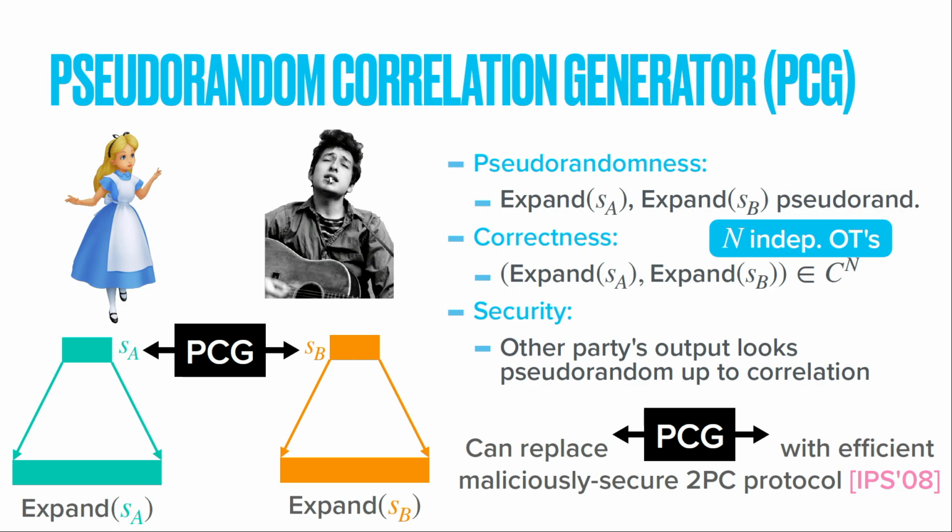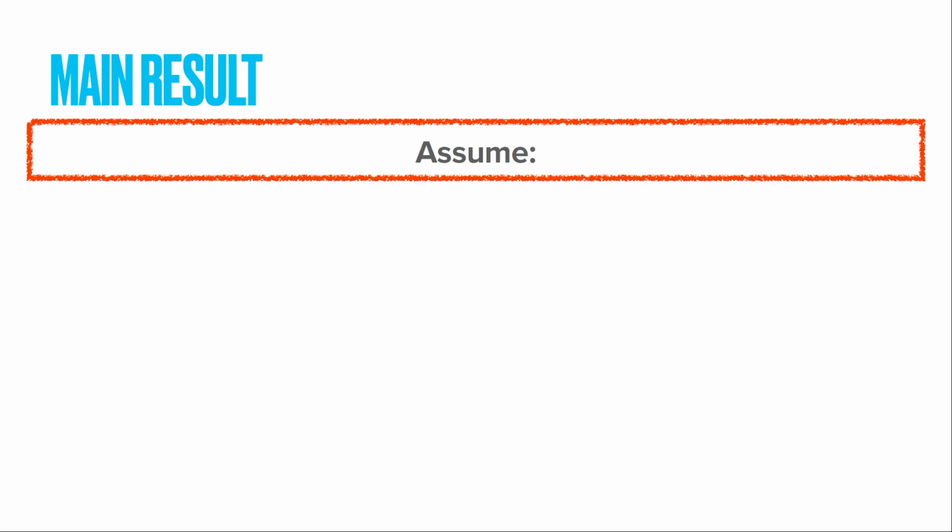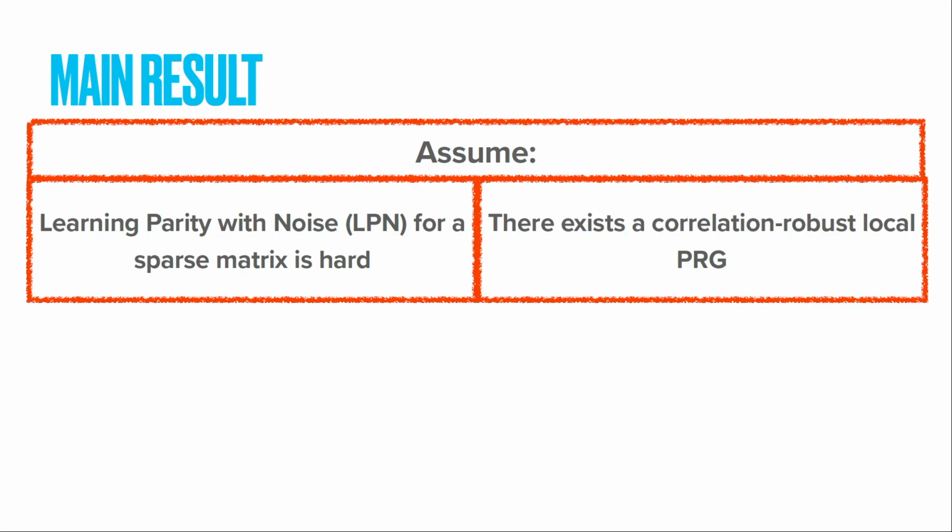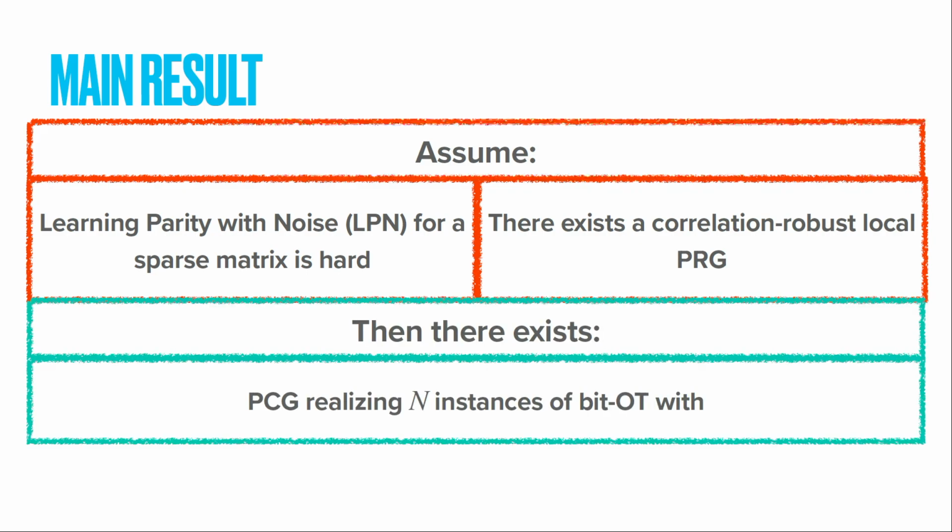So in fact, it's fair to say that our main result is a construction of a pseudorandom correlation generator. We make these two assumptions: this LPN assumption and this correlation-robust local PRG. Then we are able to construct a PCG for realizing n instances of bit OT.